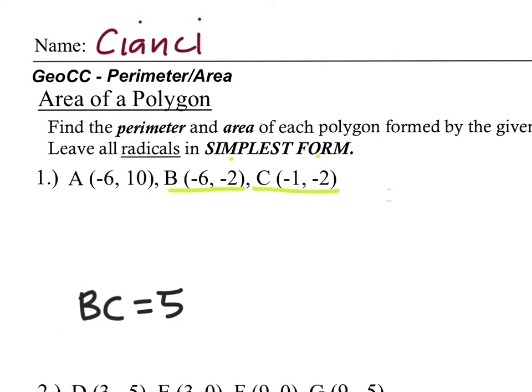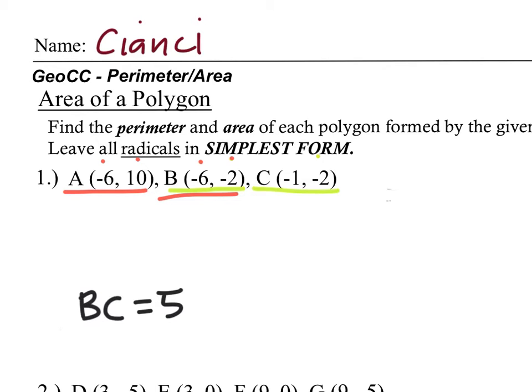So now I notice that AB also, if you look at those, they have something in common, the -6. That means that if you were to graph it, the x values would be the same, and you would get a line that's vertical. It would go from -10 to -2.